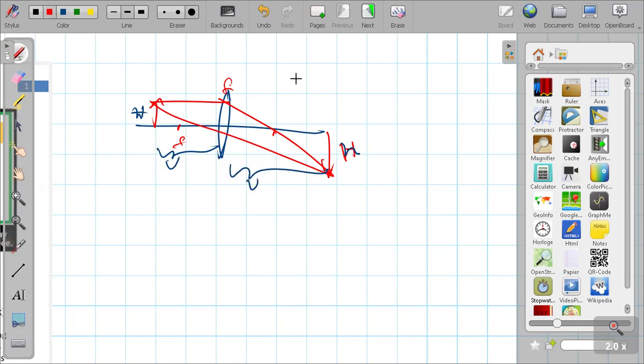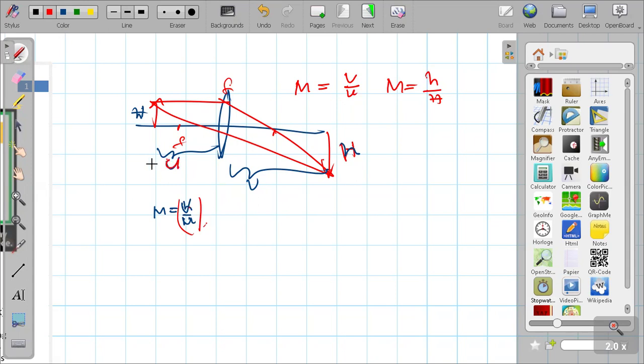Now the thing is the magnification. Magnification is V over U, or magnification is equal to simple H over capital H. So, you know magnification is V over U.